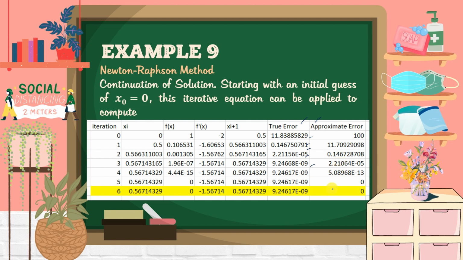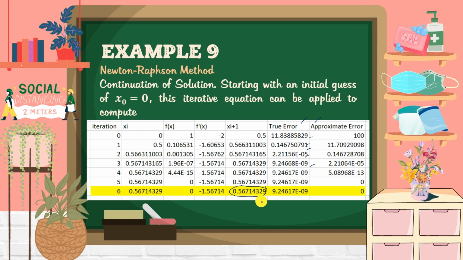Based on the table, the root of the function is the last value of x sub i plus 1, which is 0.5671439. Note that the obtained value of the root using this method is much more accurate than using the first two methods for the same number of iterations. Thus, this method is the most preferred root finding method.